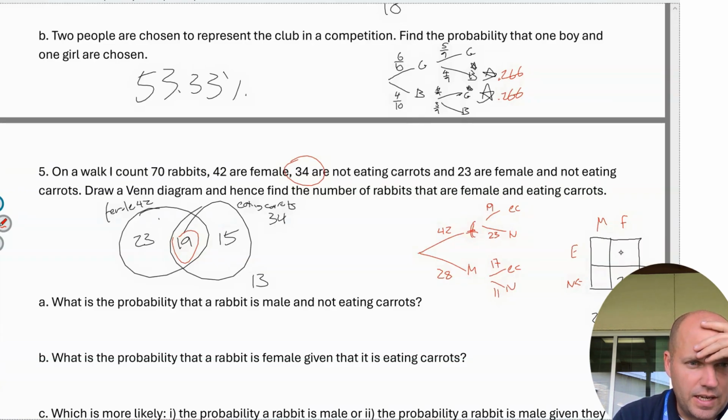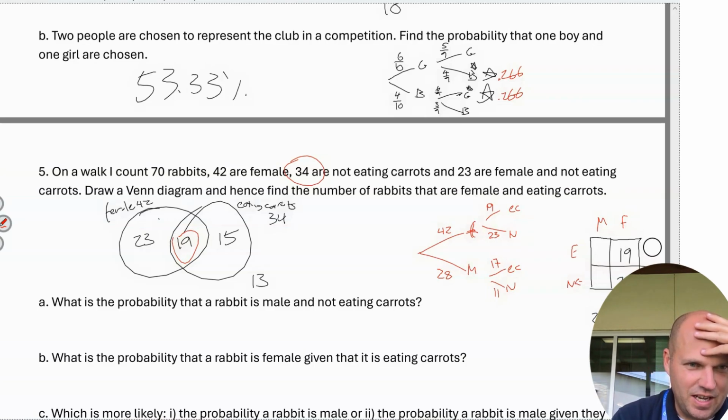Which means 19 here. 34 not eating carrots, which means eating carrots is 36. It's crazy.